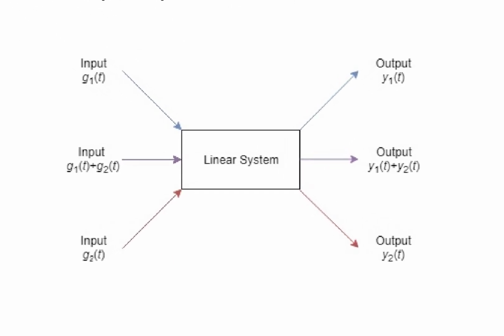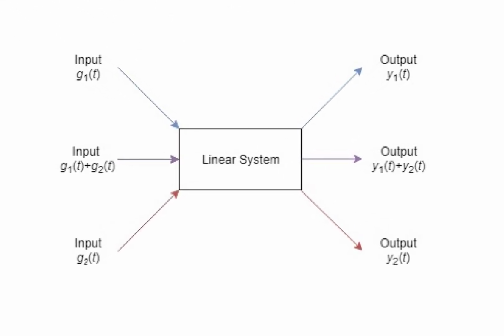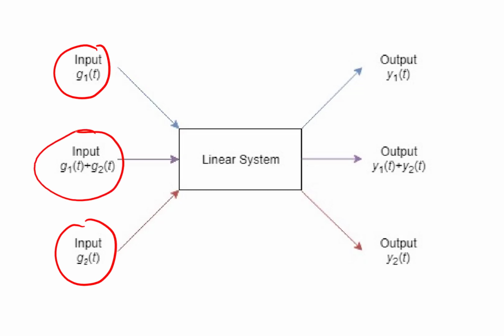Pictorially, you can think of this principle as saying that if I have two separate inputs, G1 and G2, and I want to understand how the system would respond to a combination of those two inputs, all I need to do is start by understanding the individual contributions, the outputs that I would obtain from each of the inputs G1 and G2 taken by themselves, and then simply add those together to get the combined output of those inputs. Seems really simple, right? Unfortunately, it actually fails for many nonlinear systems, and we'll see that later in this class.